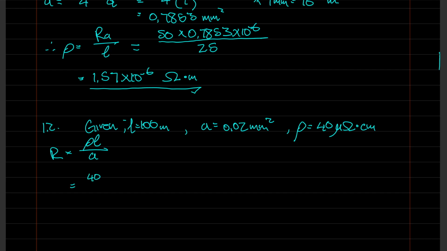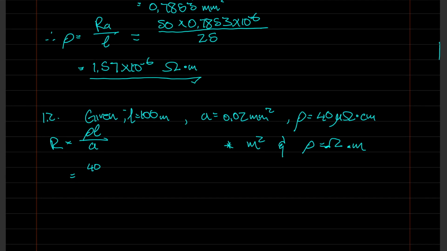which is 40. Okay, now this is 40 micro ohm centimeters. What we need to do is convert it into square meters, and rho needs to be in ohm meters.